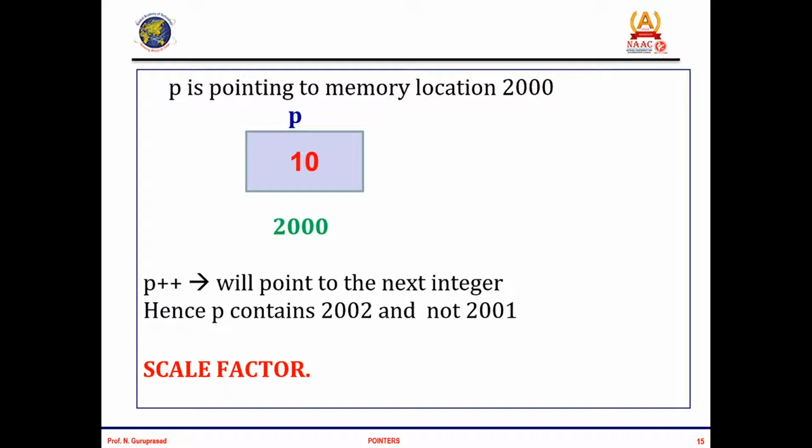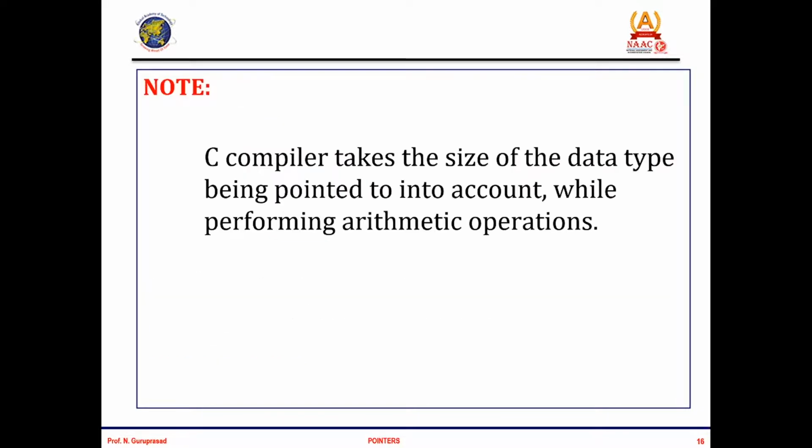Very important point. Make a note of this. The C compiler takes the size of the data type being pointed to into account while performing the arithmetic operations.